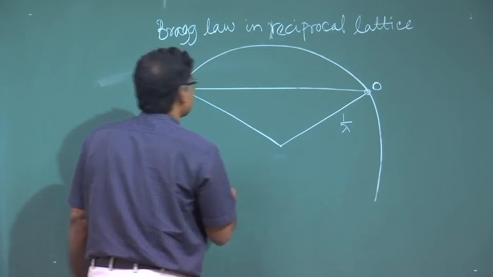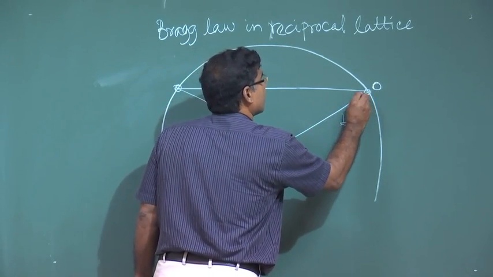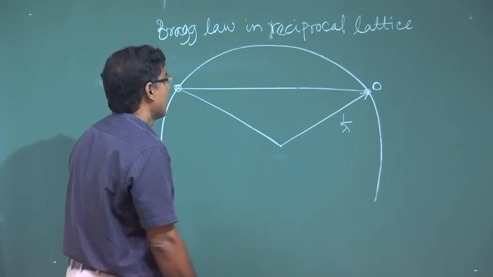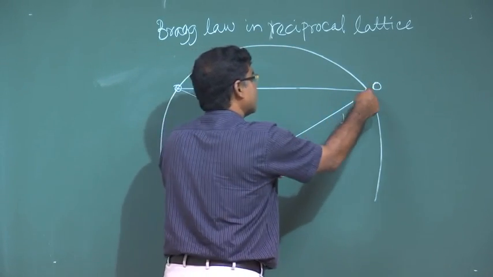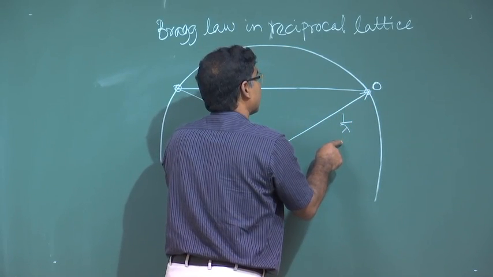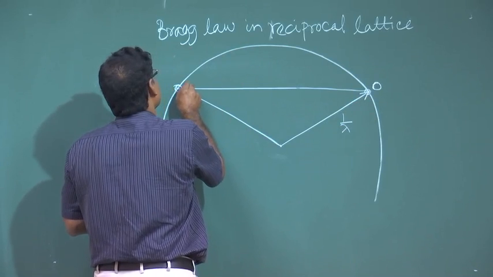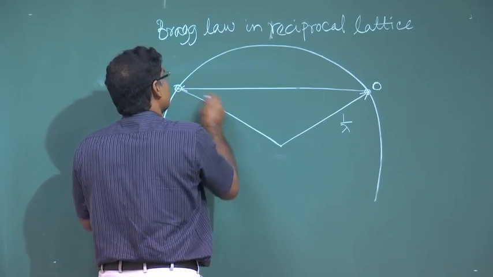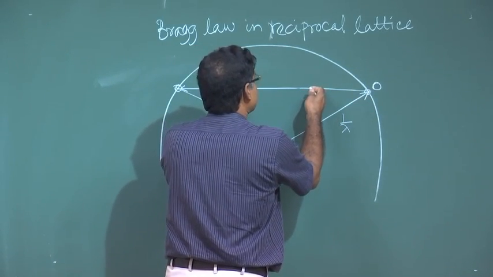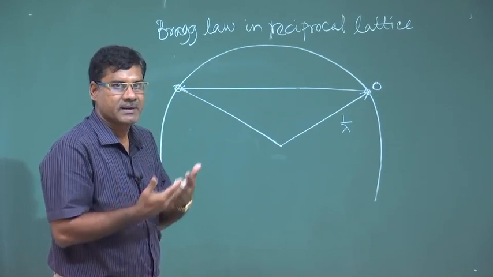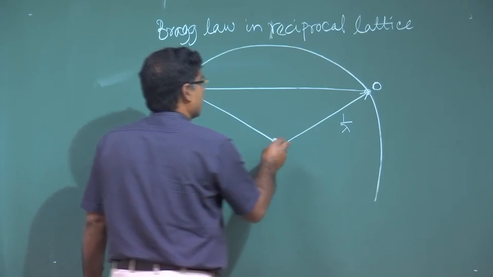So, if we follow this Ewald construction, this is the direction of the incident X-ray, and we have chosen this length 1 by lambda. Now, this will be the perpendicular bisector of a direct crystal plane, so real crystal plane.